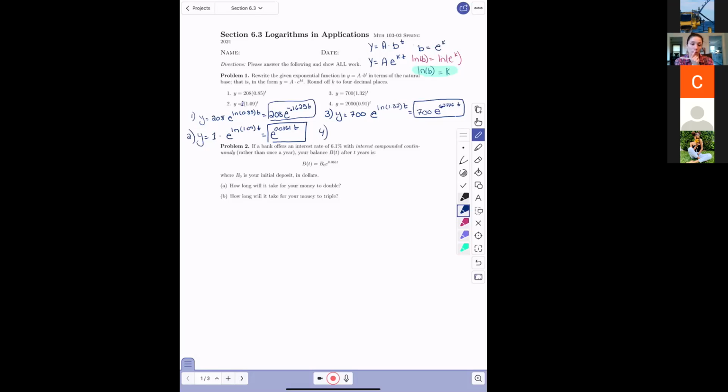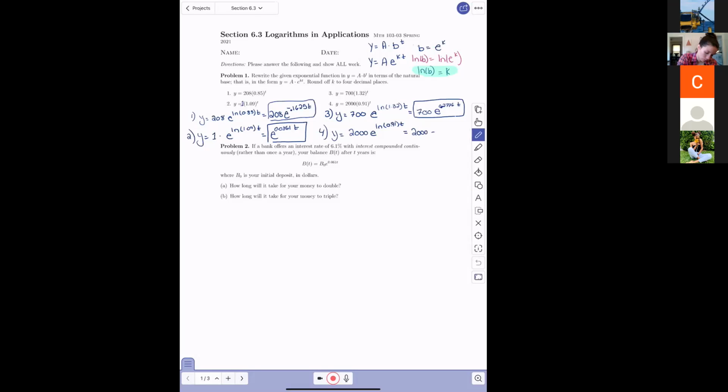Okay, problem 4. How do we rewrite this one? We have y equals 2000 times e to the natural log of 0.91 times t. Good. And someone plug that in your calculator and let me know what the natural log of 0.91 is.